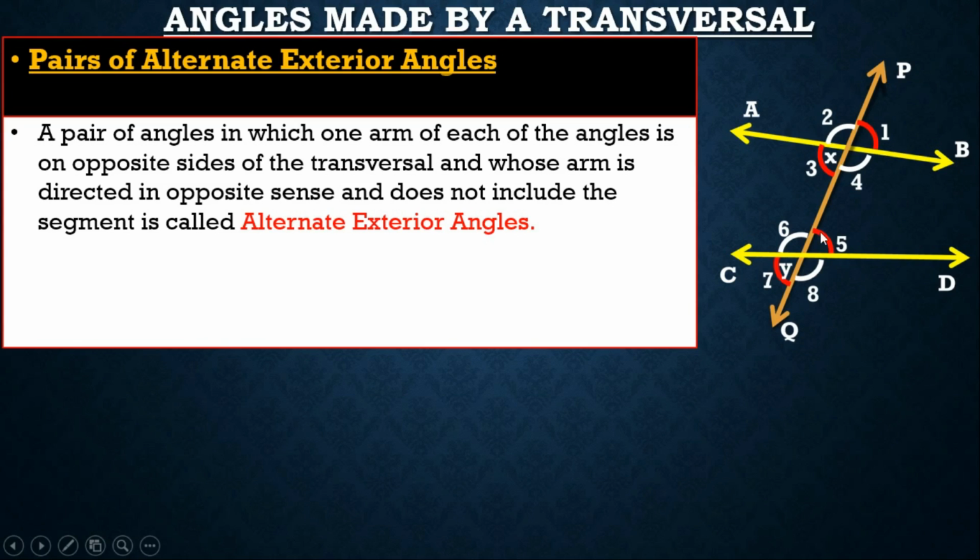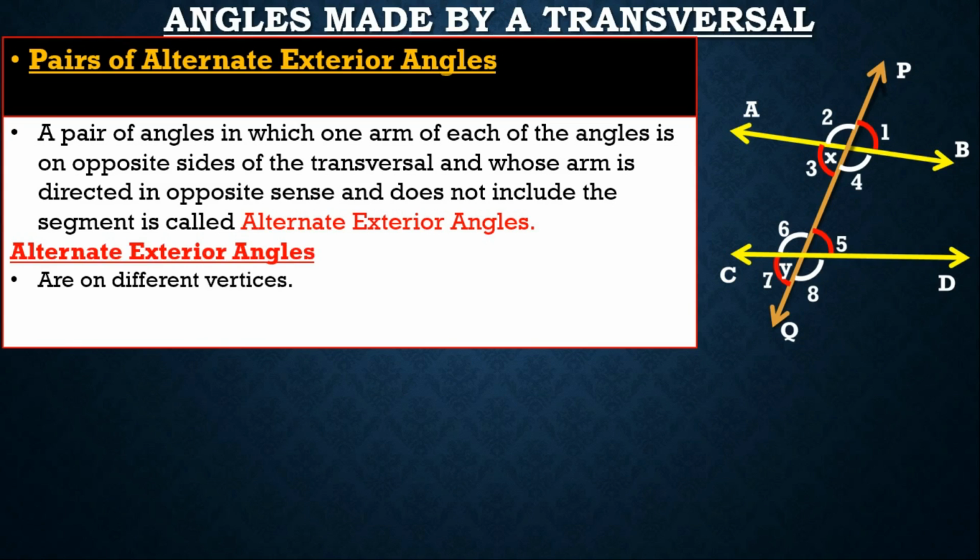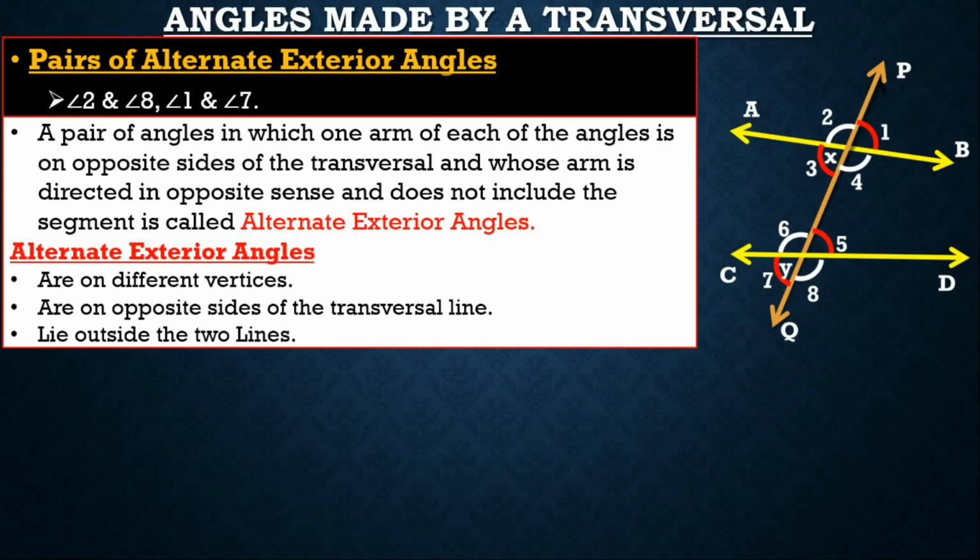That is, XB is one arm and CY is the other arm, which lie on the opposite sides of the transversal, and the other arms XP and YQ are directed in the opposite sense of each other, and hence angle 1 is alternate exterior to angle 7. So which are the pairs of alternate exterior angles? Angle 2 and angle 8, angle 1 and angle 7 are pairs of alternate exterior angles.